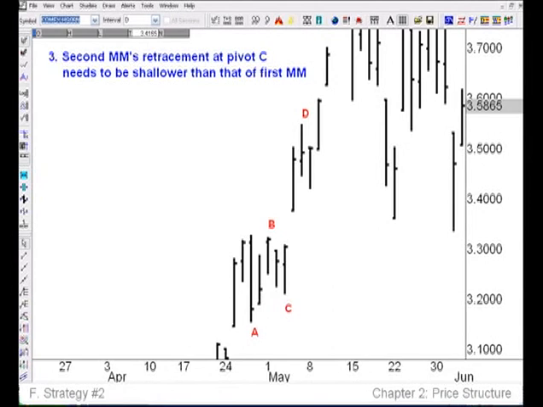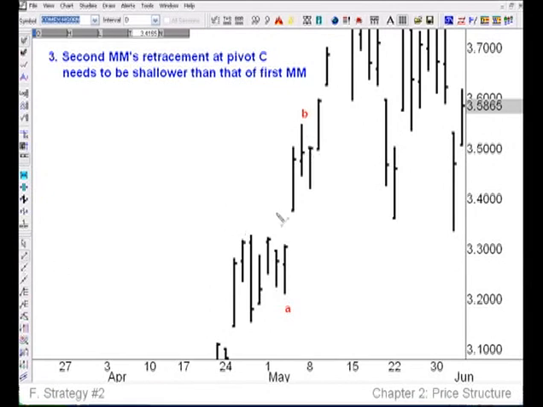So here, the CD leg of the first measured move becomes the new AB range of the second measured move. We're going to let the market tell us when it wants to pivot up. So we'll keep on trying to buy one tick above these potential pivot bar highs as they come off of B.